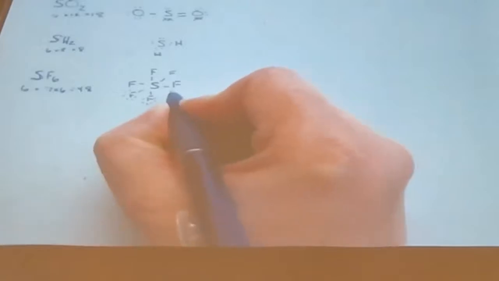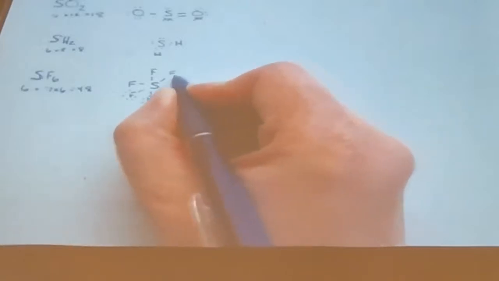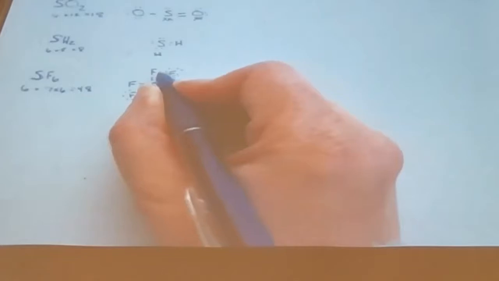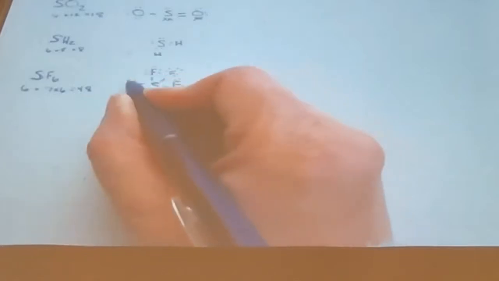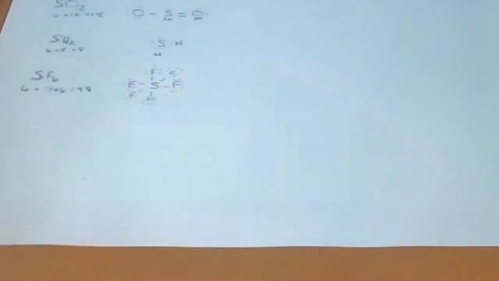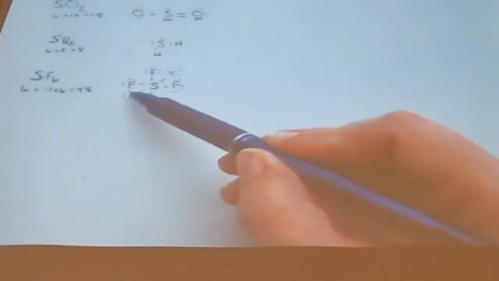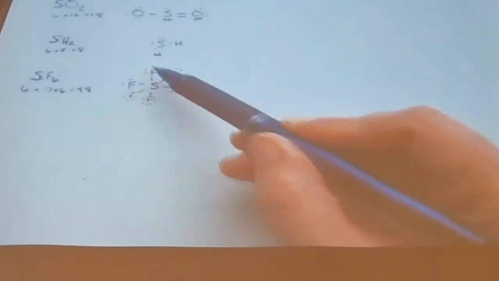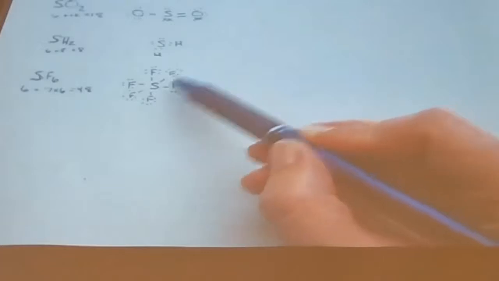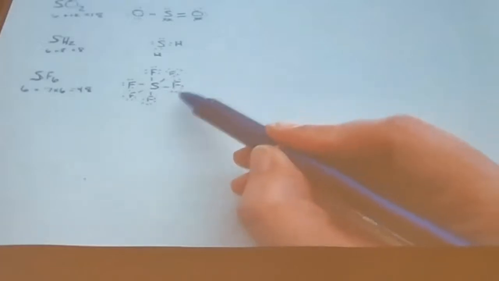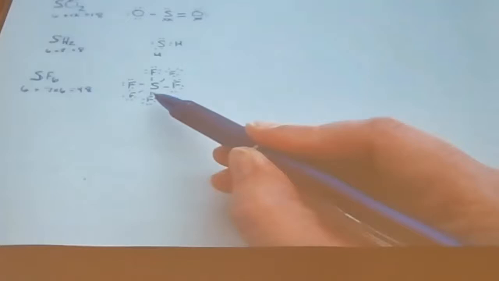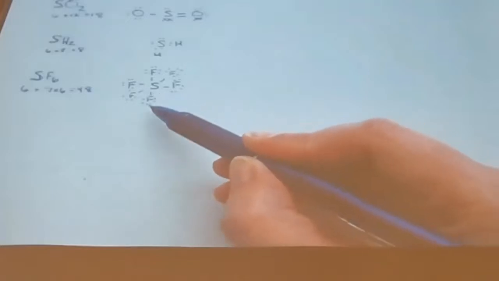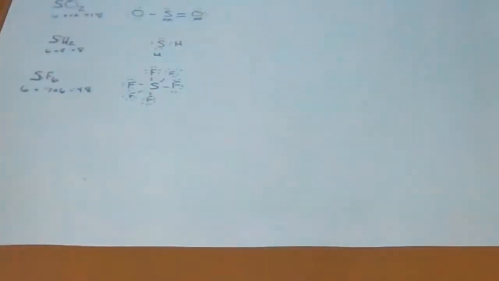And then I complete the octet. This can be a little tricky. Complete the octet around each of these atoms. All right, and then I count them: 2, 4, 6, 8, 10, 12, 14, 16, 18, 20, 22, 24, 26, 28, 30, 32, 34, 36, 38, 40, 42, 44, 46, 48. 48 electrons.